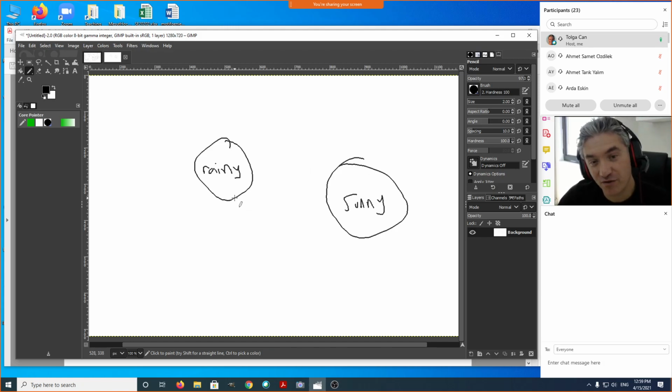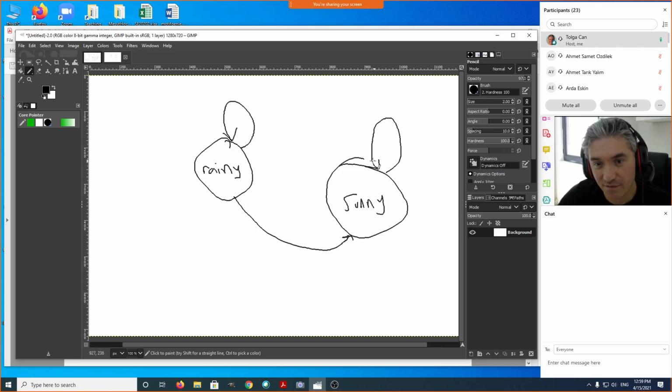If today is rainy, tomorrow may be sunny with some probability. If today is rainy, tomorrow may also be rainy with some probability. So we have these transitions. We may stay at a sunny day and we may go from a sunny day to a rainy day. And which state are we going to start in? What is the probability to start in a rainy day? What is the probability to start in a sunny day? It's like on average, how rainy is this city?